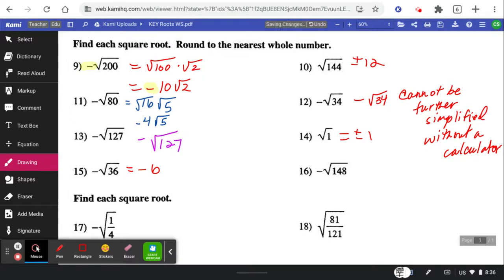Okay, last one over here at the 148. I know that 2 at least goes into it 74 times. Okay, but then we can break down the 74 into 2 times something. So, okay, 4 could have divided in.